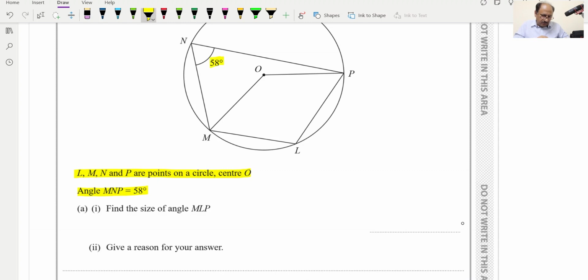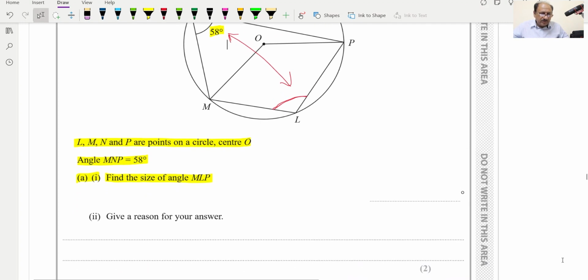This angle is provided as 58. Part (a)(i): find the size of angle MLP. We have to identify the MLP angle, and MLP is basically this angle, and we know that MNPL is a cyclic quadrilateral, so opposite angles, this one and this one, will add up to 180 degrees.